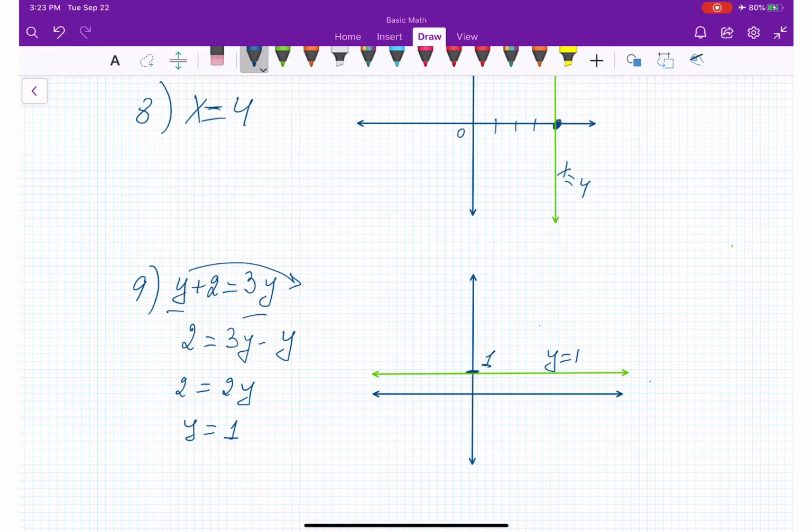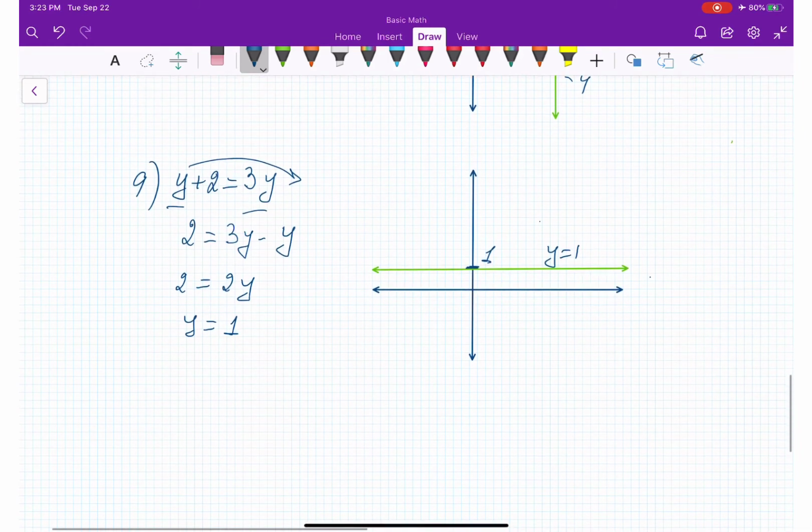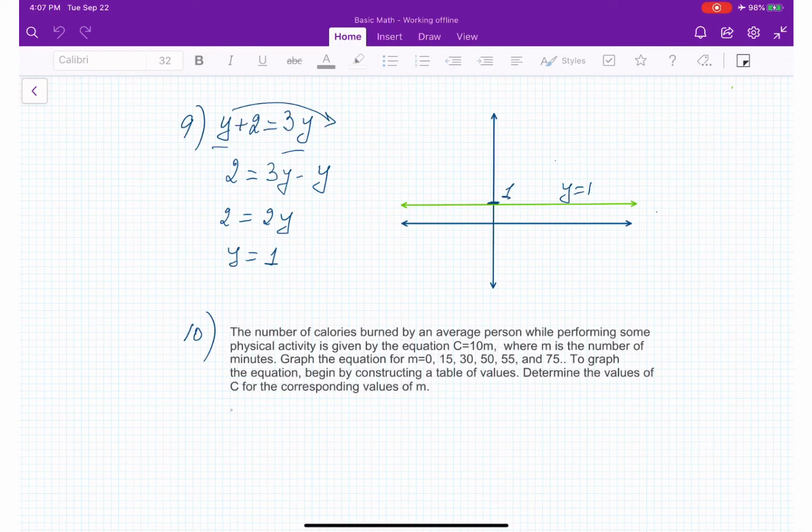Moving to next. Next one, number 10. So we have a word problem here. Question number 10.